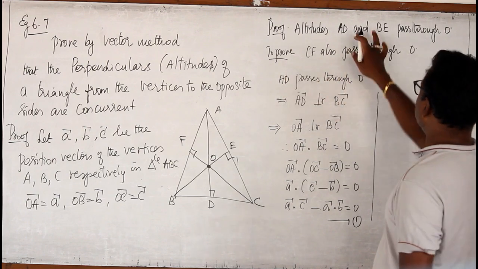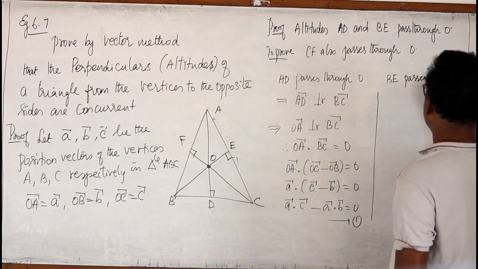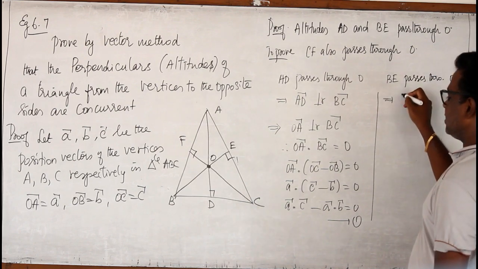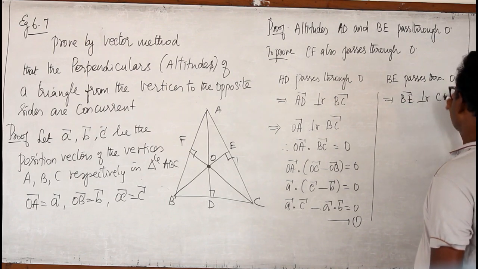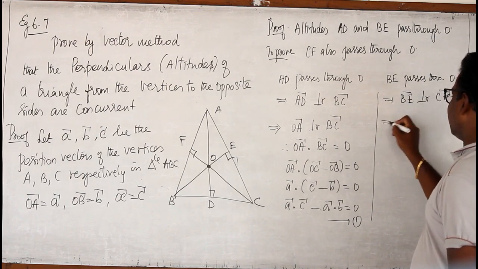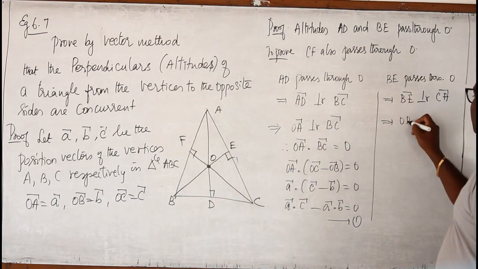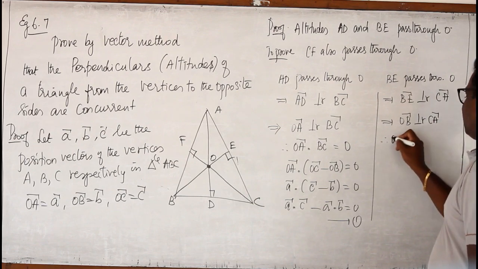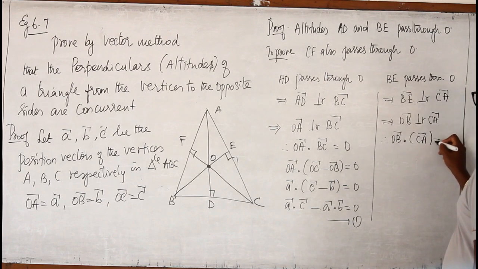Similarly, we have taken that BE passes through O. Then this implies BE vector is perpendicular to CA vector. Instead of BE, I have OB vector. So OB vector is perpendicular to CA vector. Therefore, OB vector dot CA vector equal to 0.